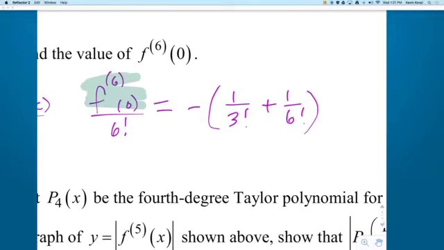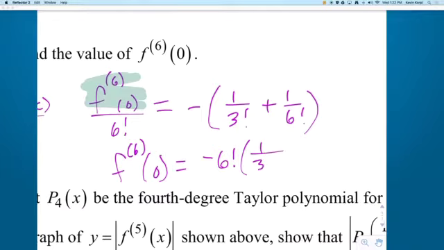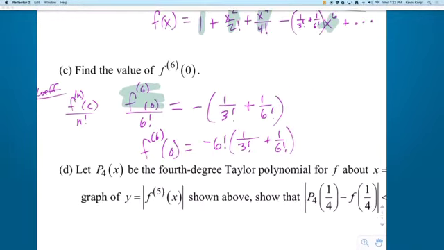So if we solve for that, we just multiply both sides by 6 factorial, and you get the sixth derivative at 0 is equal to negative 6 factorial, I'll put it in front, times 1 over 3 factorial plus 1 over 6 factorial. And would you need to simplify that? No. It looks like there's a whole lot of excitement going on in that answer, right?